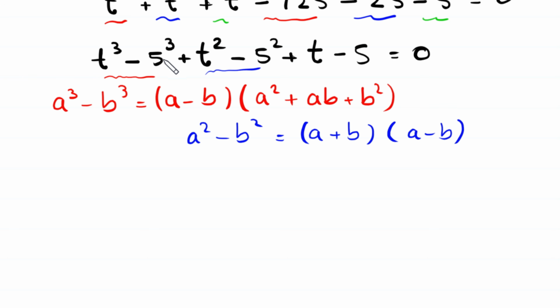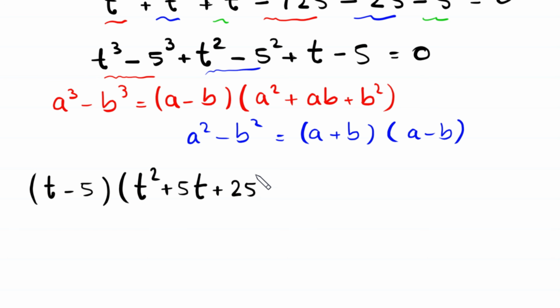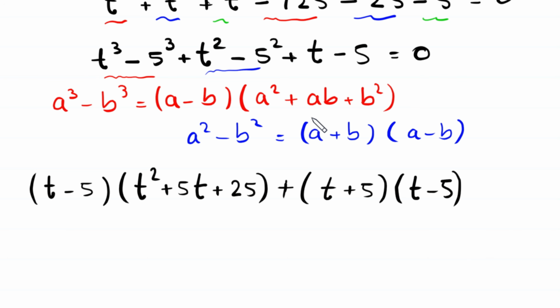So this t cubed minus 5 cubed will become (t minus 5) times (t squared plus 5 times t plus 25), and this t squared minus 5 squared will become plus (t plus 5) times (t minus 5), and from these two terms we can factor out plus 1.